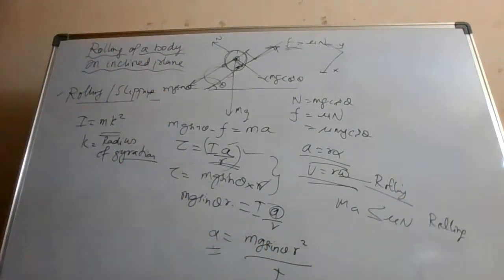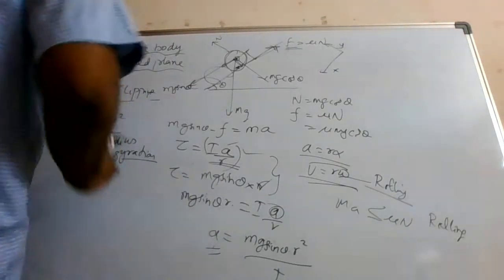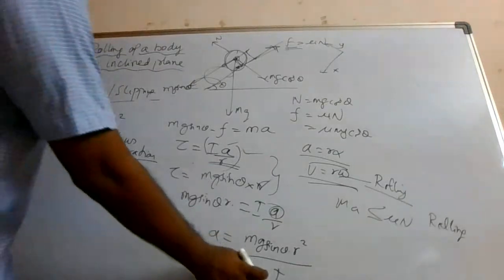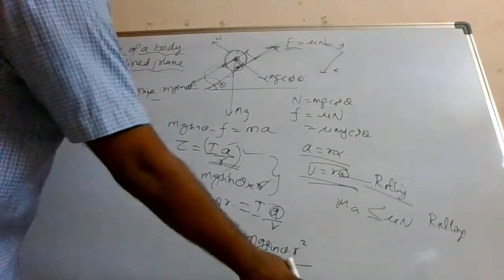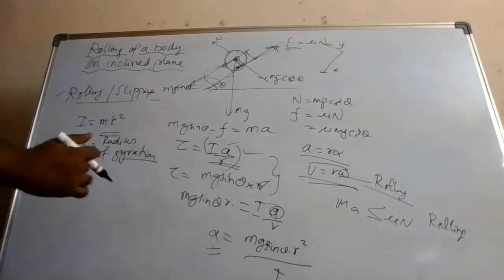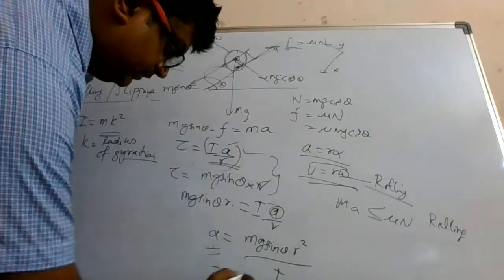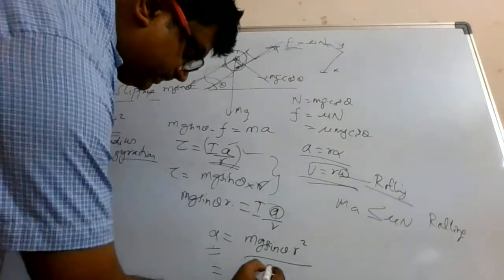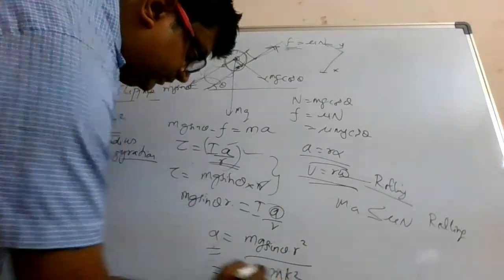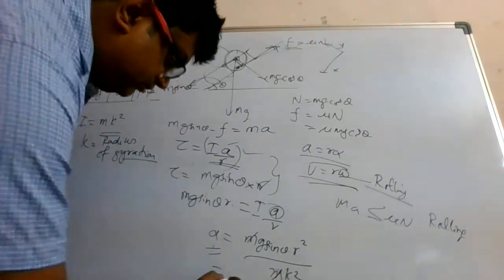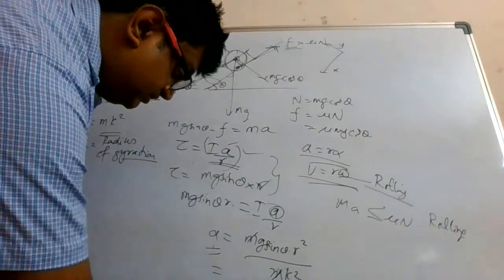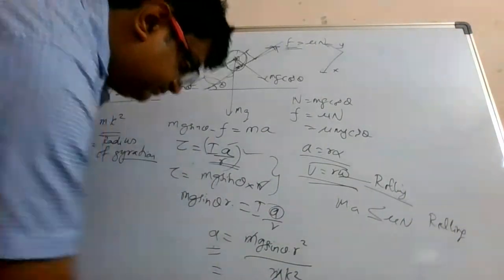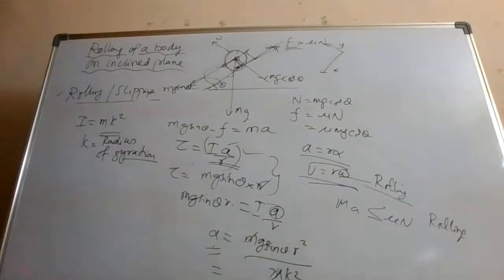So this I value, when you are writing in terms of mk square, you can further simplify this, the general way of writing it. So it is mk square, so m will cancel. So you are basically getting g sin theta into r square by k square, right?